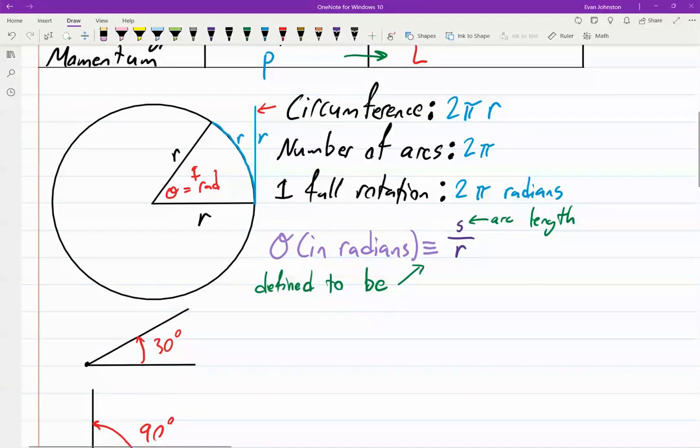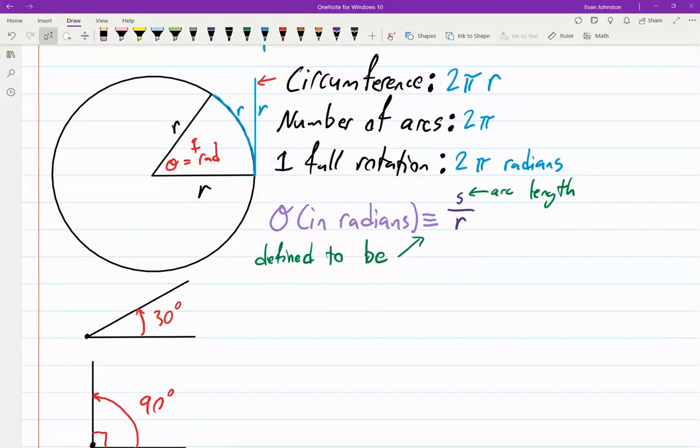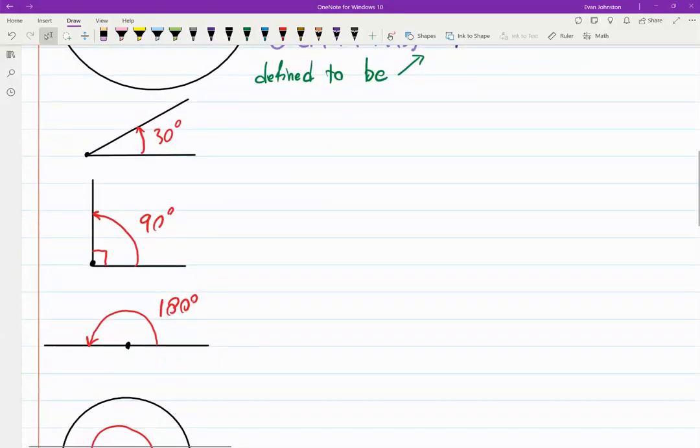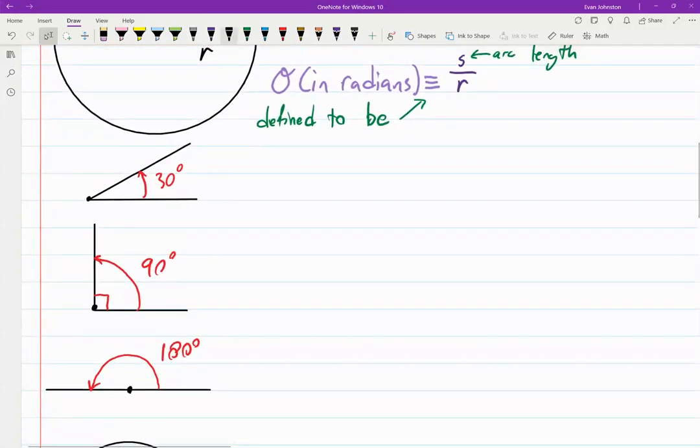And so if we wanted to look at some of these angles now, we could go ahead and say that, well, 30 degrees, I want to skip the 30 degree one for a moment here. I want to go to this 90 degree one right over here. So take a moment and hopefully you can sketch these where you already have them sketched, or pause the video for a moment.